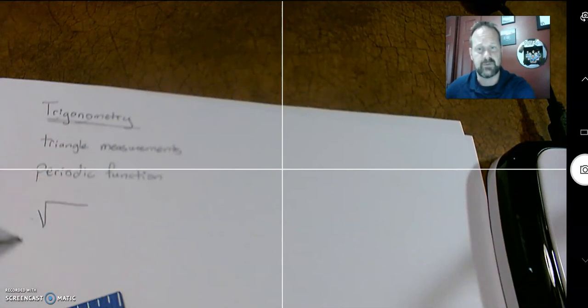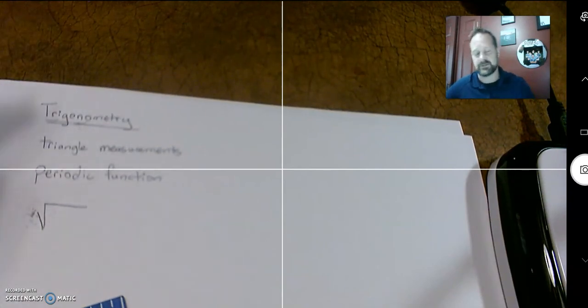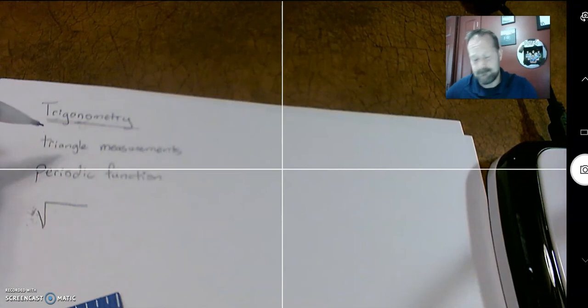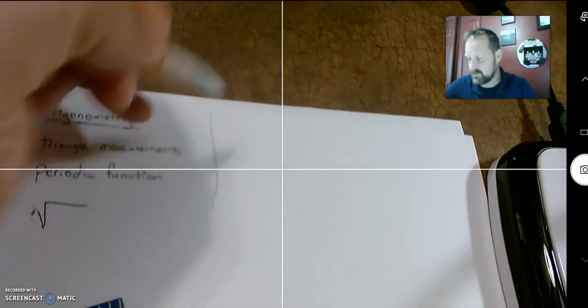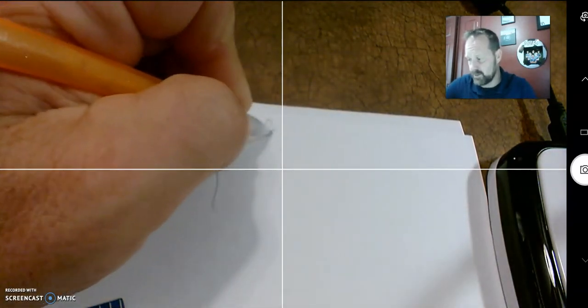We're going to spend some time reviewing that. I was debating whether to do pre-calc first or trig. We're going to jump here, stop, deal with radicals, and then end this. We definitely need to deal with irrational functions, because we're going to be using square roots and all kinds of that.